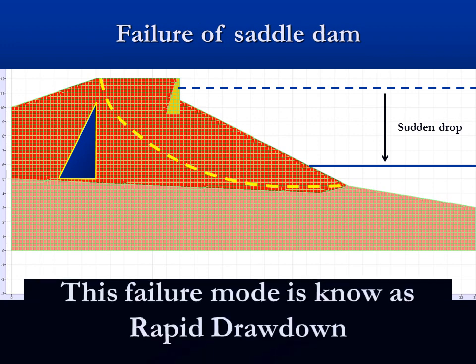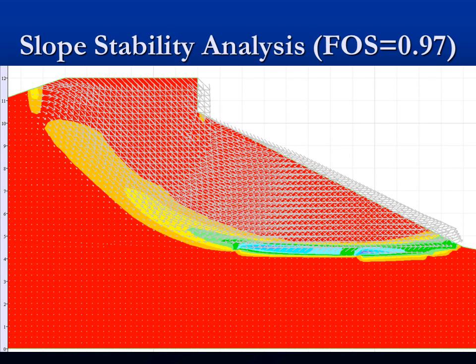This type of failure is typically known as rapid drawdown, and when we analyze numerically the likelihood of these type of failure, we came up with a factor of safety of less than 1, which means failure. The color contours show the concentration of shear strains.